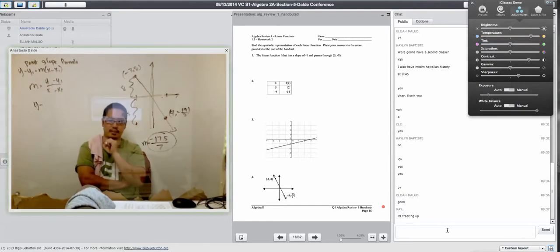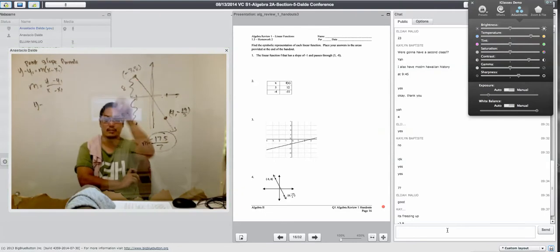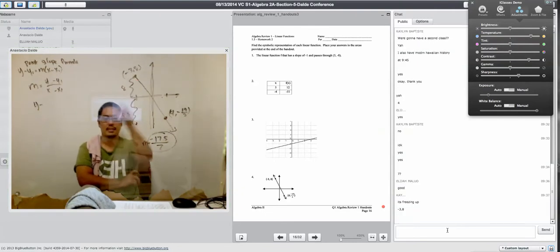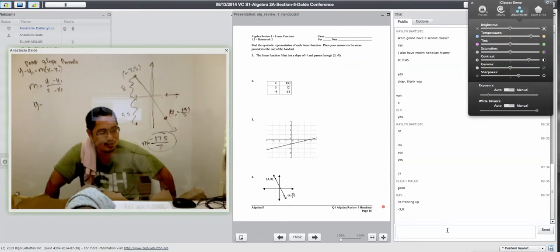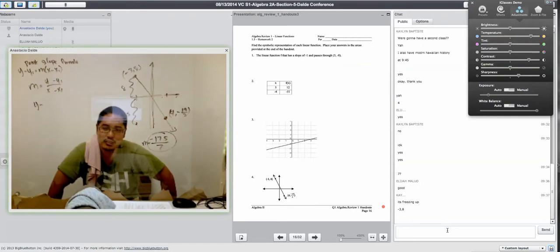Which one do you want to use? Yes, exactly. I would want to use negative 3, 8. Would you like to know why? Because it doesn't have any fractions. And I'm a big fan of no fractions.